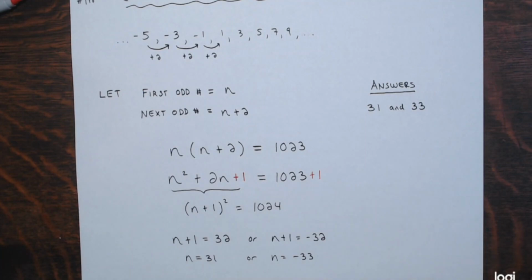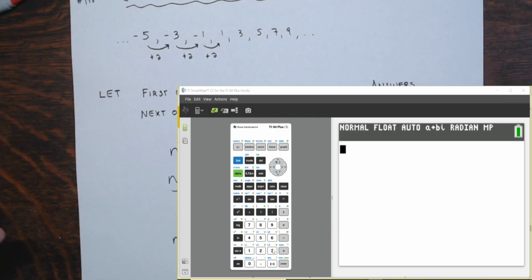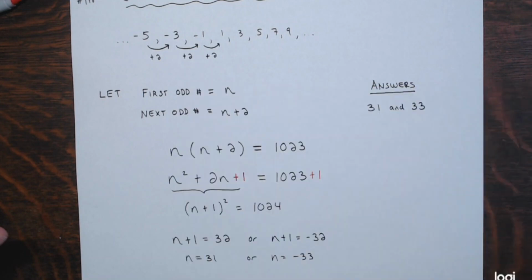I can pull up a calculator if you want to really check it, or do it by hand. But 31 times 33 is 1023. Fantastic. And they are consecutive odd numbers. So that's one answer.